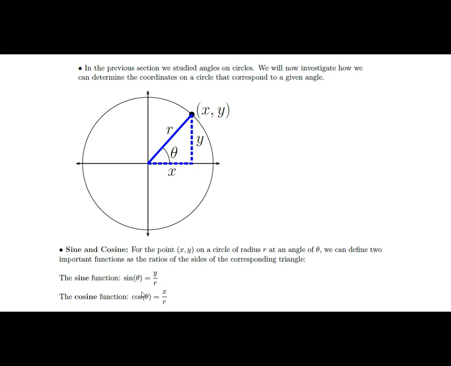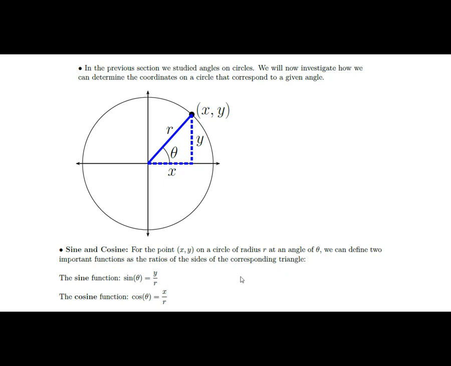So if I know I am at a point x, y on a circle of radius r, and I'm at that angle theta, then we define the sine of the angle theta to be the ratio of the y value of that point over the radius. And I define the cosine function, and we abbreviate that just cos, of theta, the angle, to be the x value over the radius of that circle. Okay, so just understand this is how we've decided to define this thing.